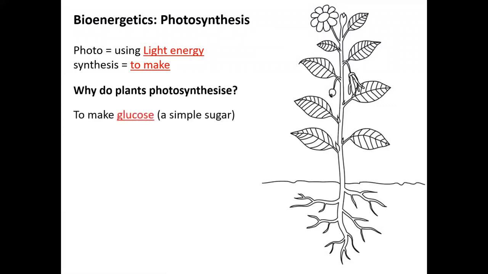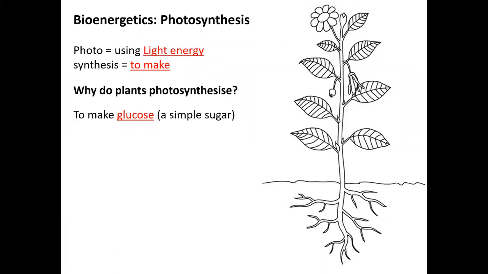They make sugars. Specifically, they make glucose, and glucose is a simple sugar. It's a simple carbohydrate. So all photosynthesis is using light energy to make the sugar glucose. So that's straightforward. Where does this take place?